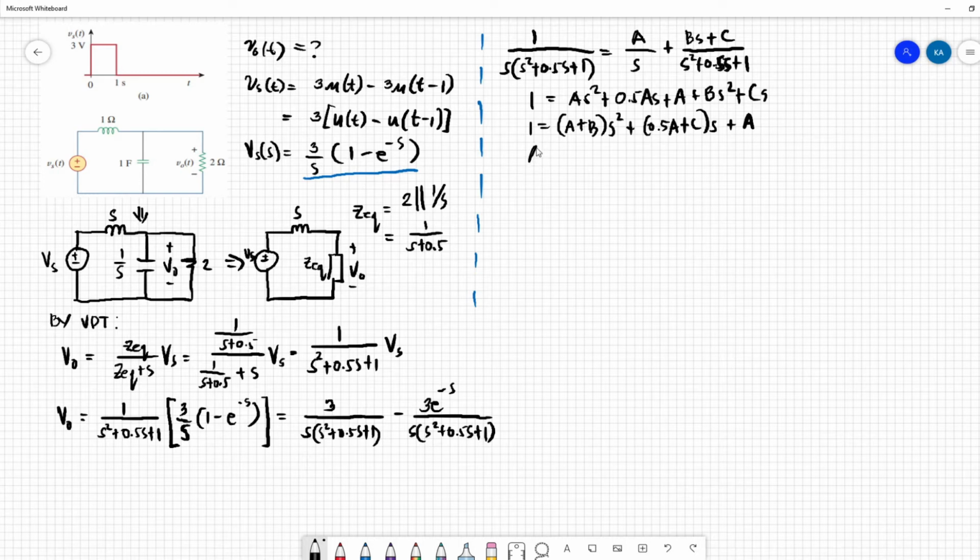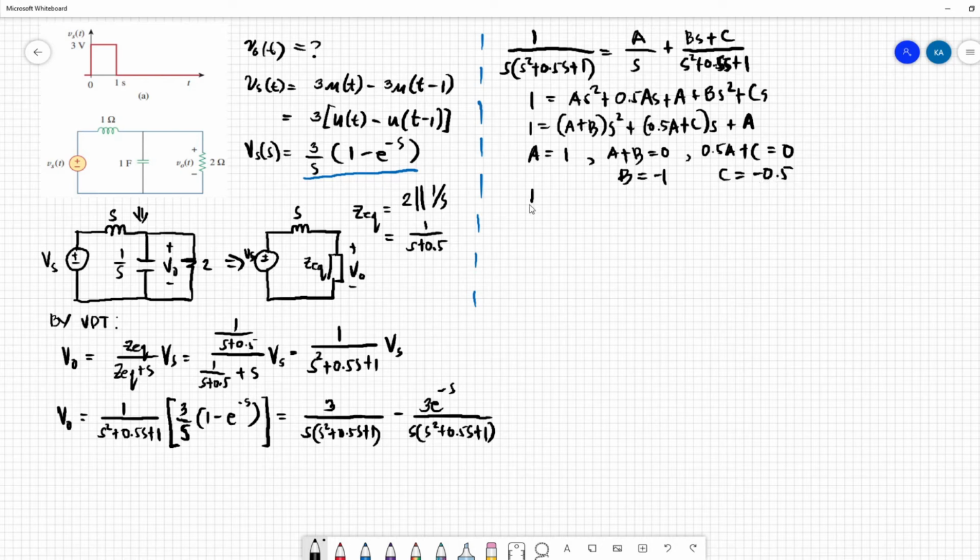We can see that A equals 1, A plus B is equal to 0, and 0.5A plus C is equal to 0. So using the value of A equal to 1, B equals -1, and C is equal to -0.5.